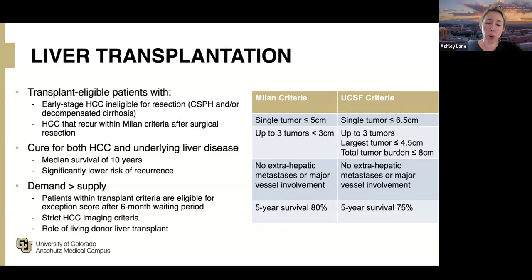Those who are pursuing transplant are going to get listed for a transplant. After a 6-month waiting period, they get granted exception points that make them competitive for a transplant on our list. So someone with a normal to low MELD who has HCC, who otherwise wouldn't be competitive for transplant, then becomes competitive with these exception points. There are strict imaging criteria and transplant criteria that we have to follow as well.